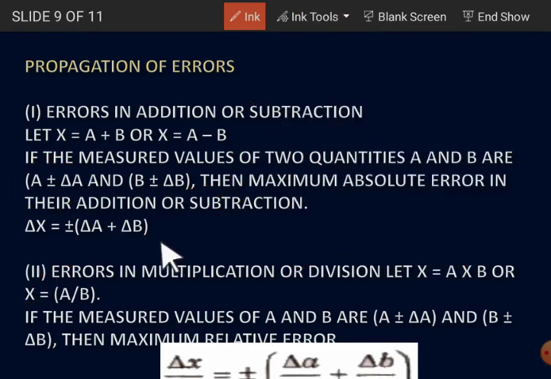Or rather you can also say like this, if the measured values of two quantities A and B are A plus minus delta A and B plus minus delta B, it means this delta A is nothing but the error in the measurement of A, got it. And in the measurement of B, delta B is the error. What type of error? Absolute error, got it.